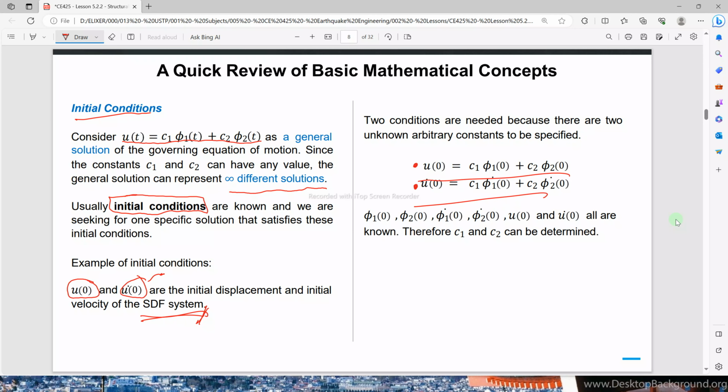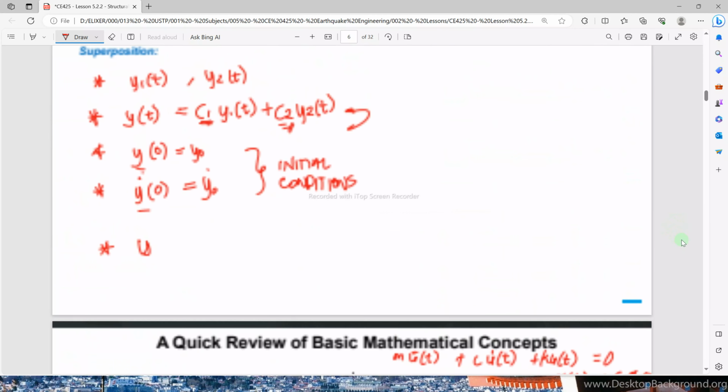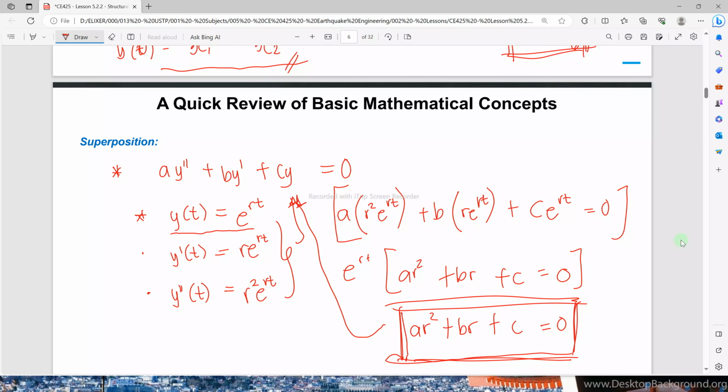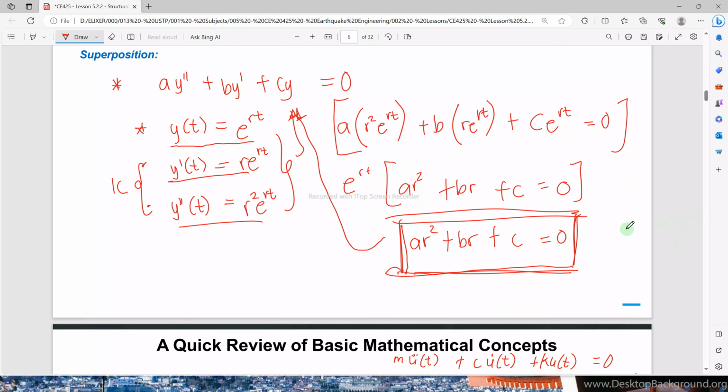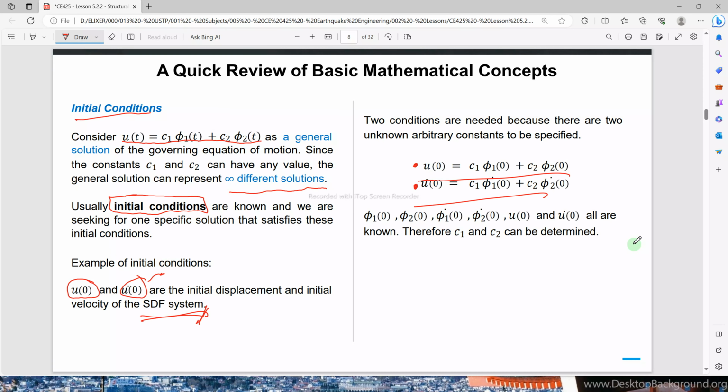It is the same concept. We have our initial conditions here, C y prime or C y double prime. Eventually, by the process of elimination, we can solve for C1 and C2.